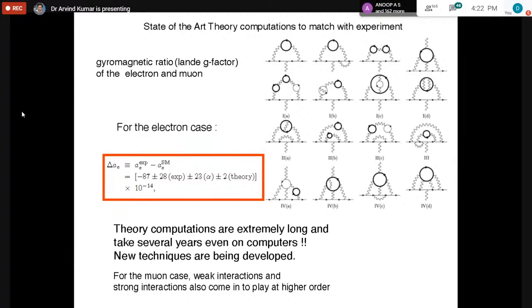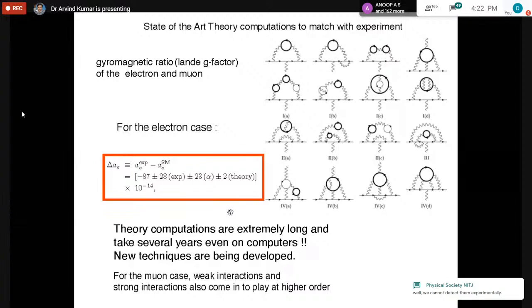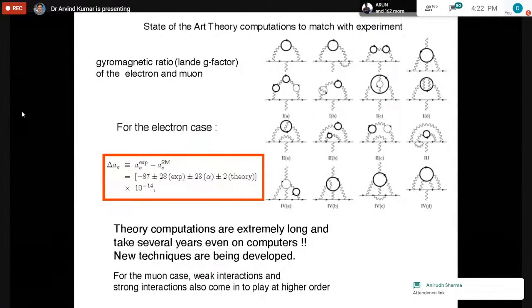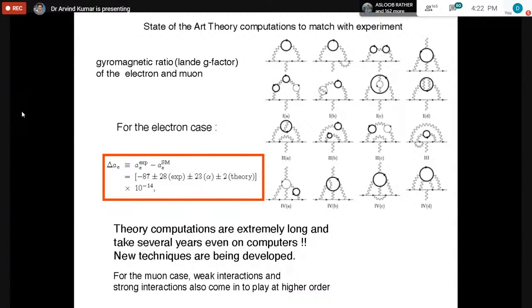Now, in the red box, using the present experiment which I showed you in the previous slide and computing a_e in the theory, you see the discrepancy is of the order of 10 power minus 14 units, 87 into 10 power minus 14. Still the theory and experiment are not matching.